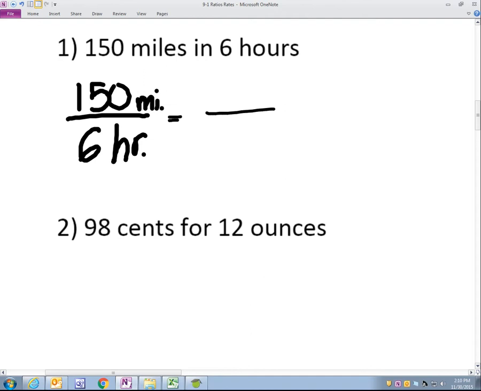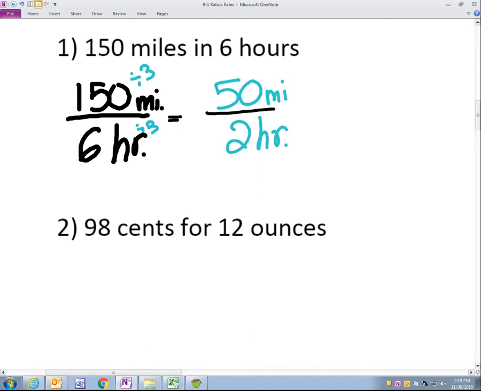What is the GCF of 150 and 6? 3. So let's try that. Divide by 3. So 50 miles, 2 hours.